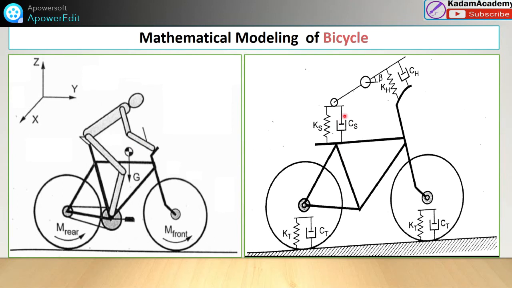I will show you like this here. There is a revolute joint and the handlebar spring mass damper system here.